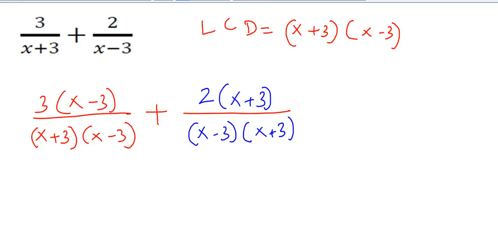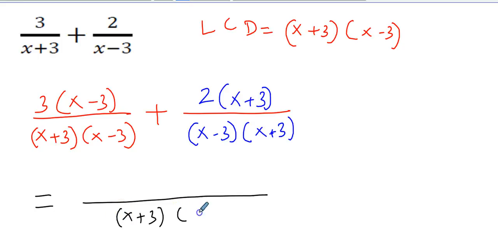So our main task of getting the same denominators is done. Our denominators now are x plus 3 times x minus 3. So it is the common denominator. Between them you have x plus 3 times x minus 3. Okay, so this denominator is already there.